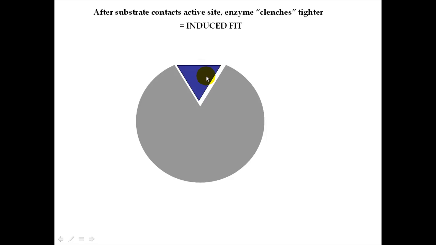The reason why this induced fit happens is this. Again, enzymes are proteins, and that means that there's all kinds of R groups lining this active site of the enzyme. Some of those R groups are polar. They have a partial charge to them. And so if this enzyme ends up contacting a substrate that also has partial charges on it, you might remember that when polar molecules get close to one another, a type of bond forms, a hydrogen bond.